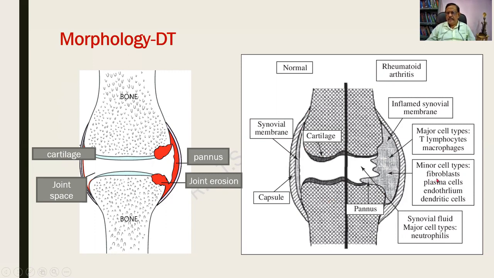Following this inflammation, there is a proliferation of the fibroblasts. And these will be the other cells which can be found. The synovial fluid will be containing the neutrophils mainly. So these are the components of it. Just remember, because there is something else to follow.